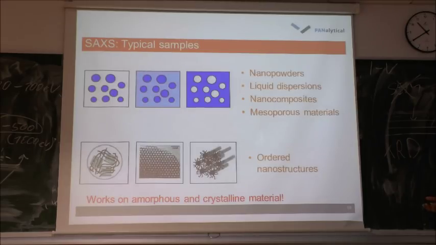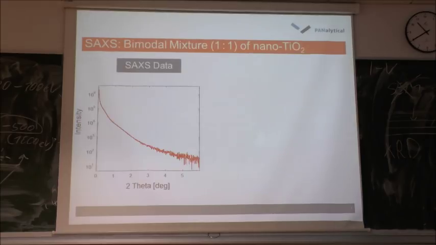Okay, so what can be analyzed? Nanopowder, liquid scattering, liquid dispersions, nanocomposites, porous materials. And as I said, it can be amorphous or crystalline, since we don't have a diffraction requirement. So these are normally the results.